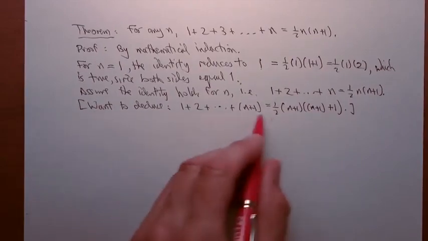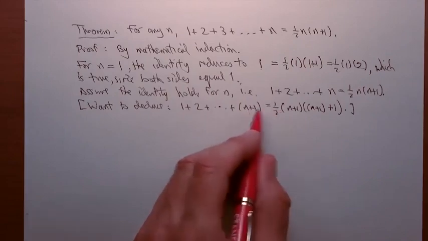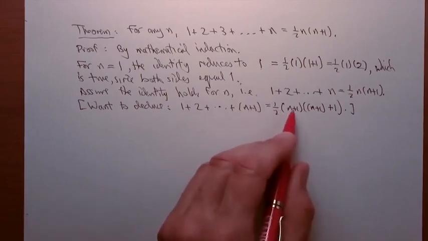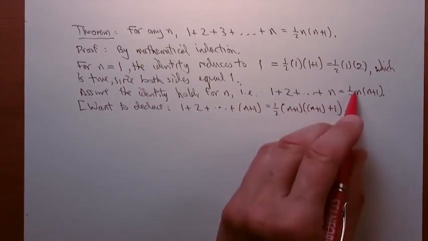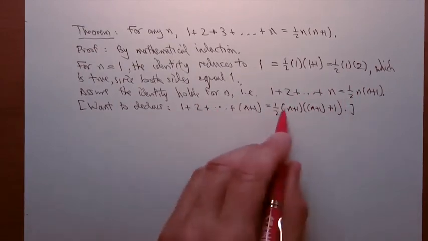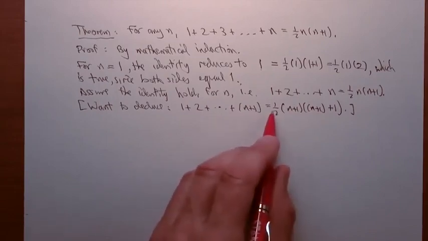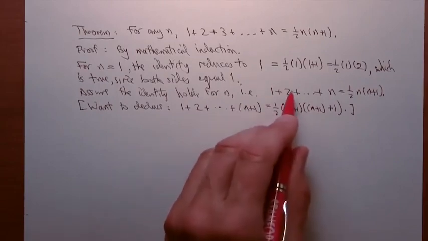Okay, that's just a note for myself to indicate the target I'm aiming for. And the challenge now is to start with what I know and deduce where I want to get. Well, how can I get this from this?